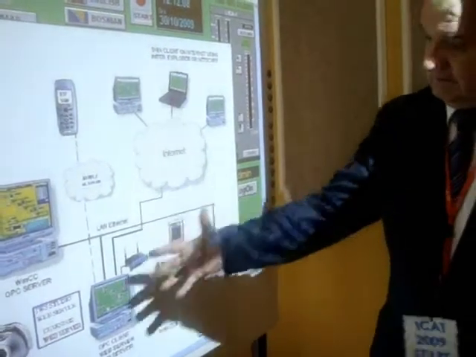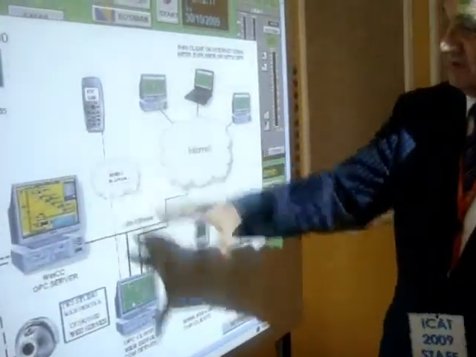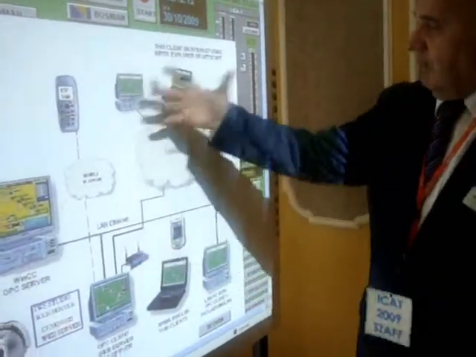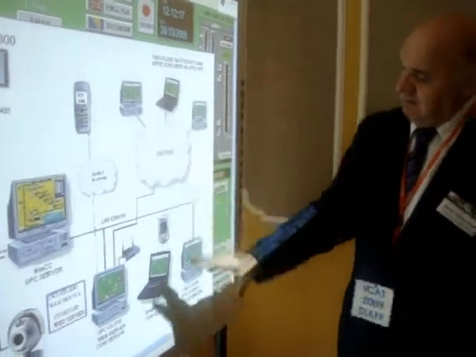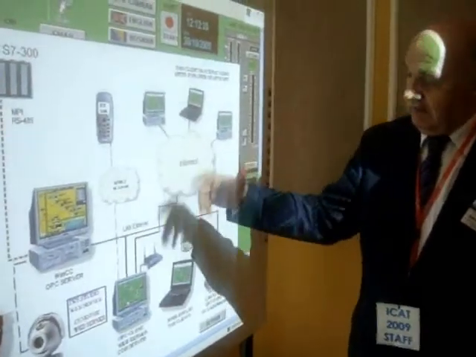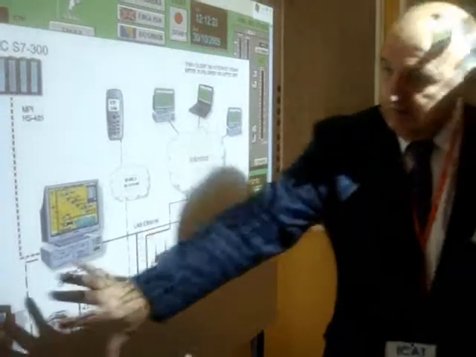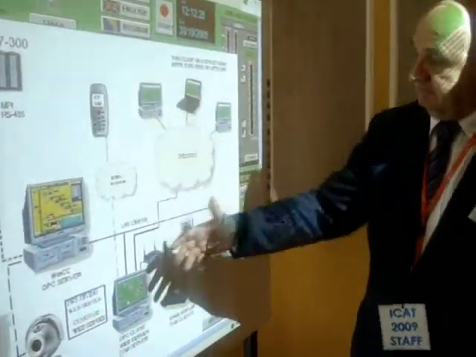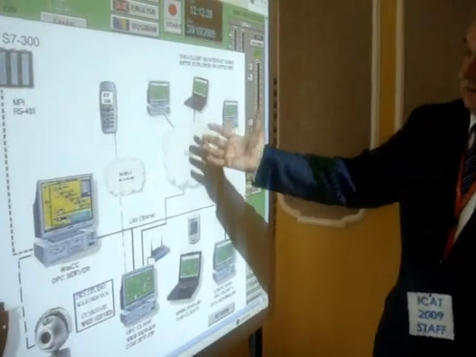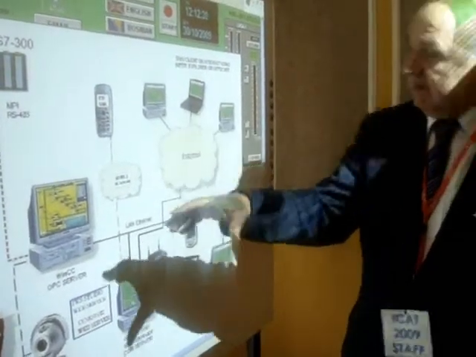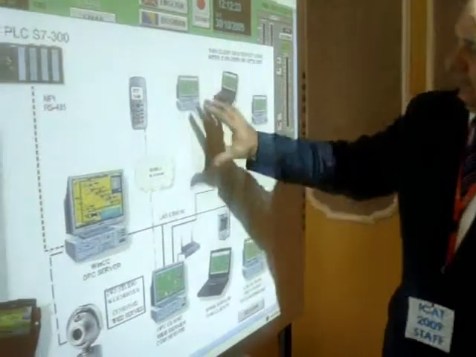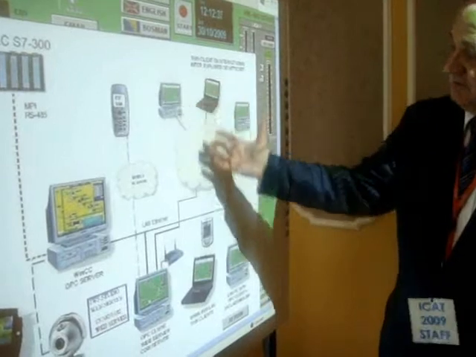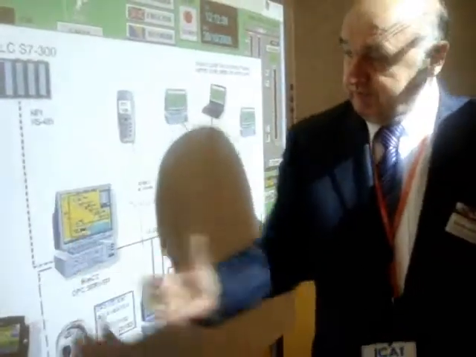Also we can send all this information. Also we've seen how we can send emails to any recipient over the internet if somebody has to be informed that there is a trouble in the plant, and then he can be warned either by mobile phone or over the internet. So the main operator can be at home and he can switch on his PC and then take over the control of the plant.